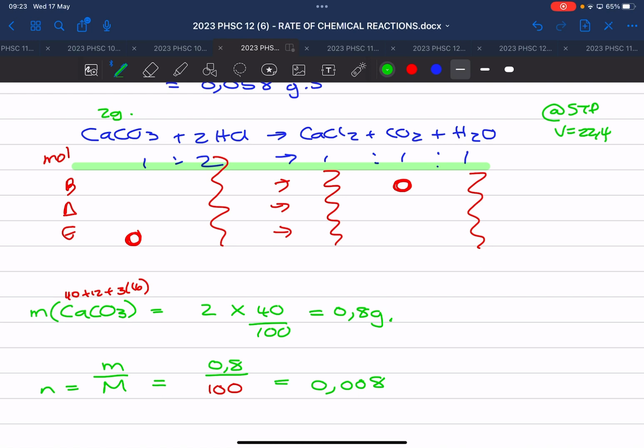So that is what we have at the beginning, 0.008, and we're going to use all of it. The mole ratio is 1 to 1, so we gain 0.008 here.